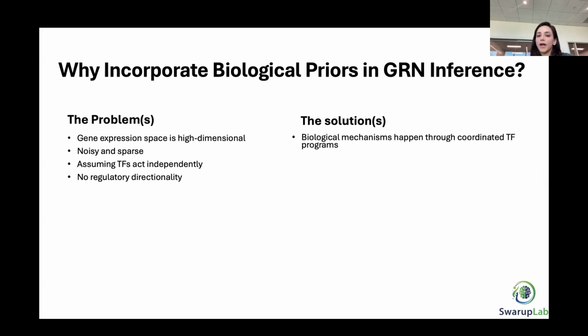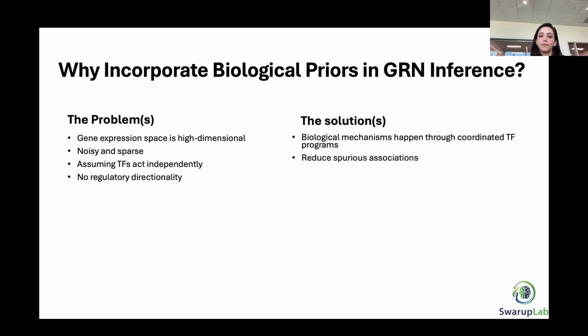So if we use priors, and by prior we just mean data that is validated through either biological experiments or literature-based research that we know should be there. If we include, let's say, a network of protein-protein interaction, which means transcription factor interaction, then the GRNs that we get also make a little bit more sense.